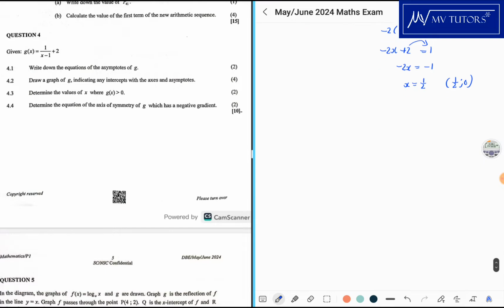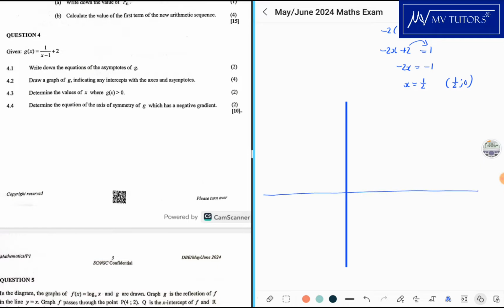So when I sketch this, okay, let's sketch away. This is my y-axis and my x-axis. All right. I know that the equation of my asymptote, I have x is equal to 1. So I'm going to have 1 over there. I'm going to draw in my asymptote because that is where the graph shouldn't actually touch.